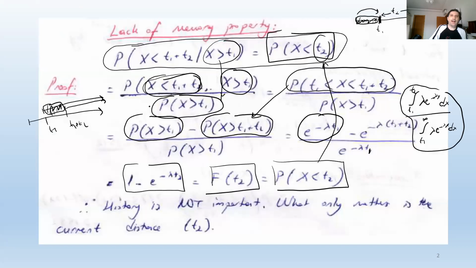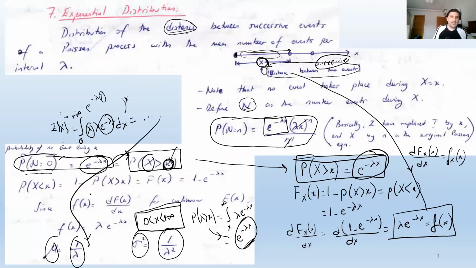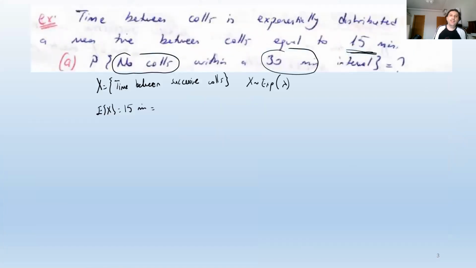Now, if we go back here, you should see that the expected value of an exponential random variable is 1 over lambda, and this is the very same lambda, the rate of the process, that we have seen in the Poisson distribution. So this is going to be equal to 1 over lambda. Therefore, lambda is going to be equal to 1 over 15 minutes, to the power minus 1. Now we also have the rate of the process.